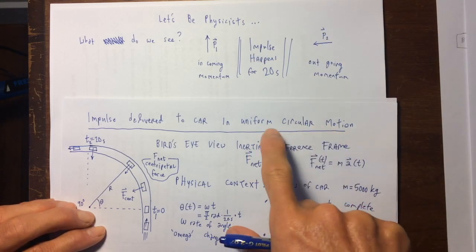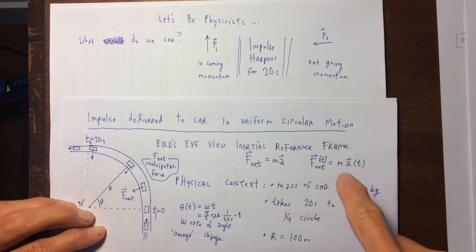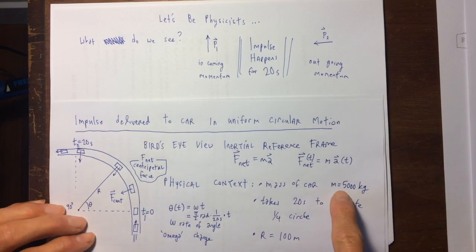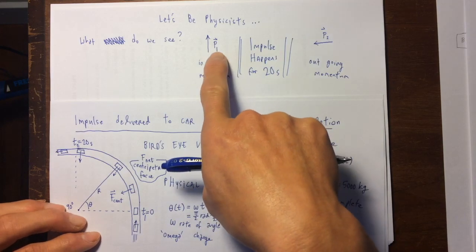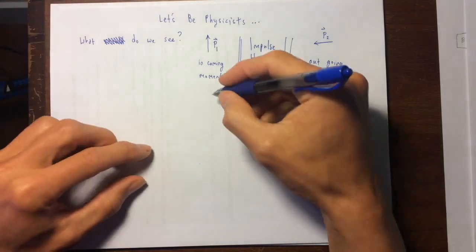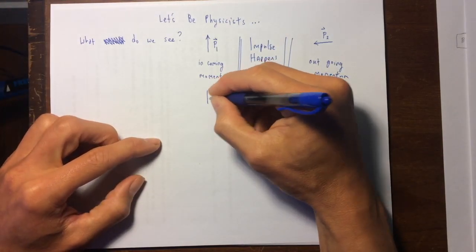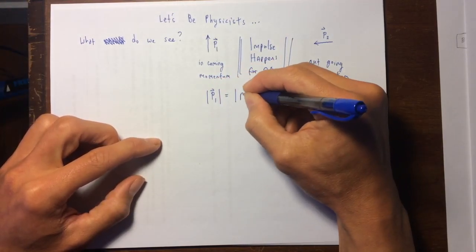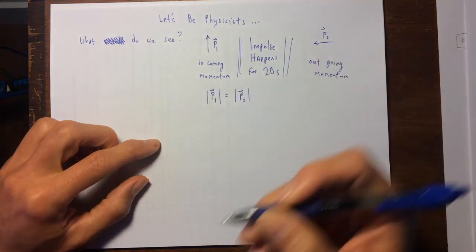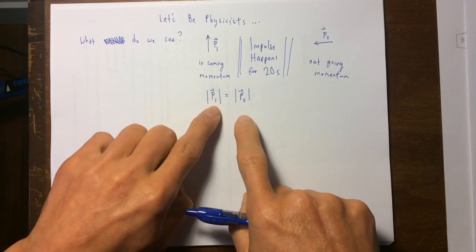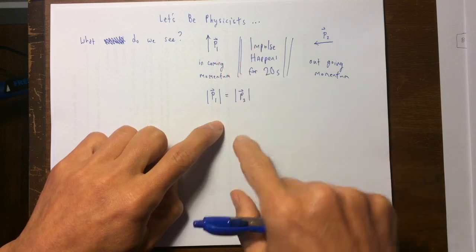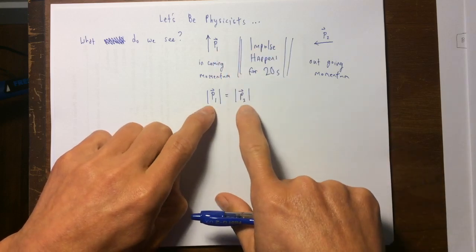Uniform circular motion means that the speed is constant. And if the speed is constant and also the mass is constant, that means there's something constant about the momentum. What's constant is the magnitude. So the incoming momentum is of the same size as the outgoing momentum, but they are definitely not in the same direction.